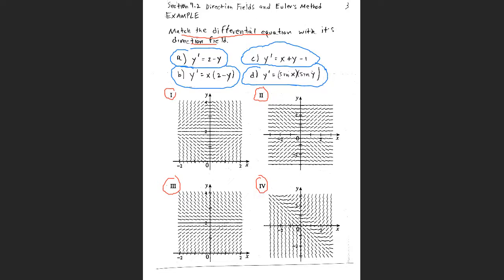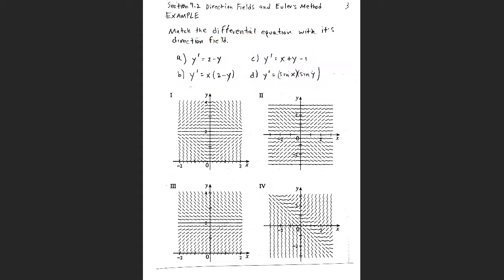Let me maybe give you a little help on the first one here. The first differential equation is y prime equals 2 minus y. It's an autonomous differential equation. So, like probably many of you, I don't want to be plotting 20, 30 points to figure out what my direction field looks like.